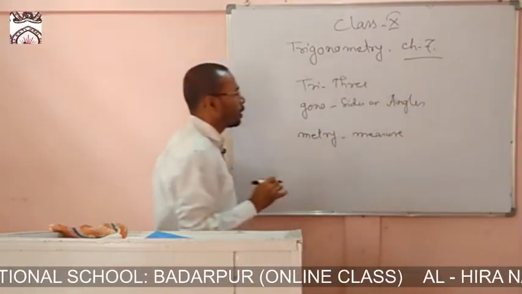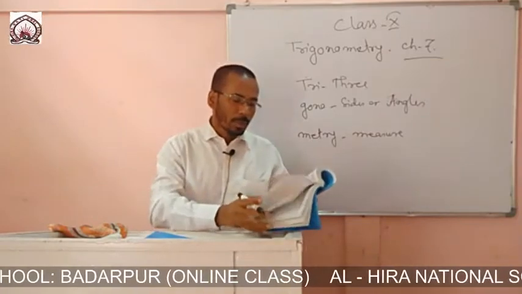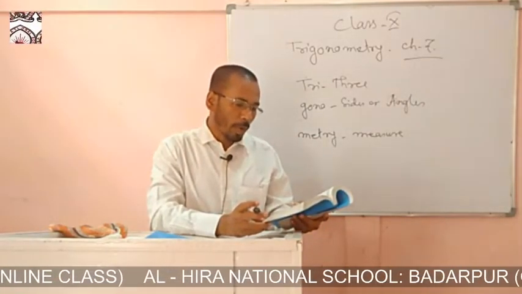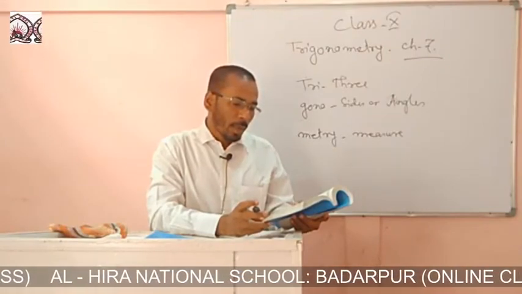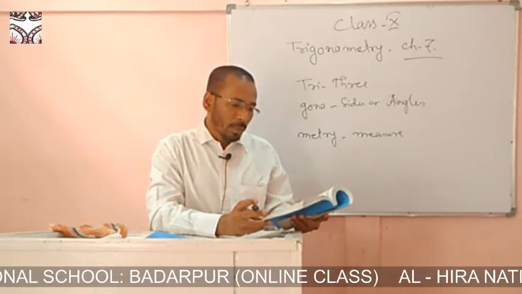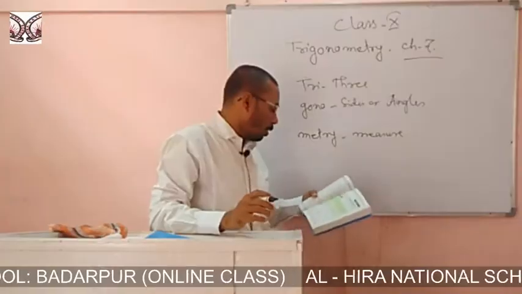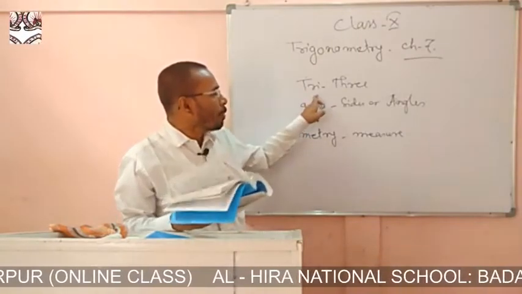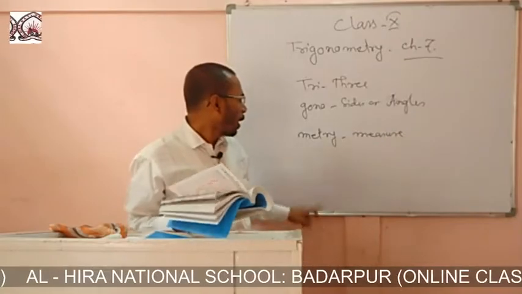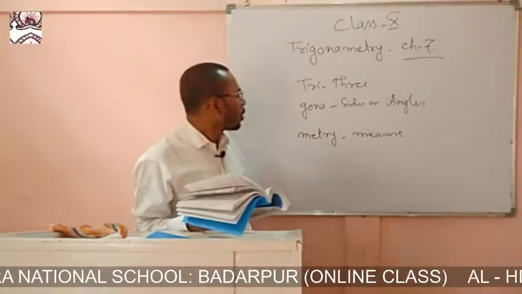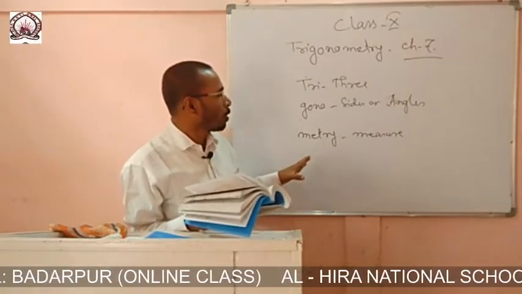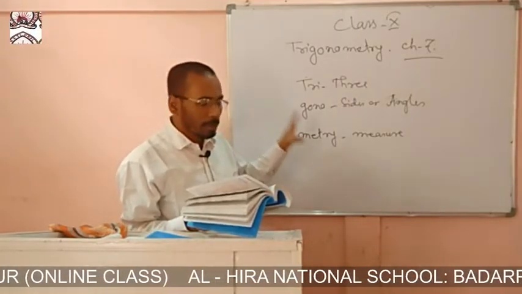So basically trigonometry is a measurement of sides or angles, and it basically depends on the right angle triangle. So tri means 3, gono means sides or angles, and metry means measure. So measurement of sides or angles of a right angle triangle is basically the trigonometry.